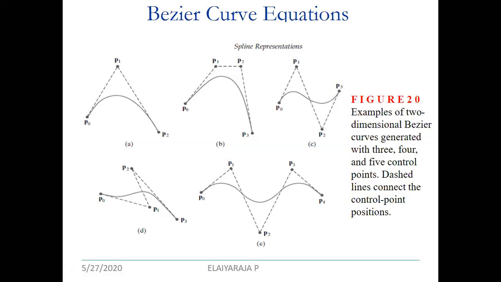So here the two termination points are p0 and p4. We used to call them anchors. In the middle we used to call them handles. When the curve starts its journey and ends over here, what these control points do is help decide the next journey of the curve.